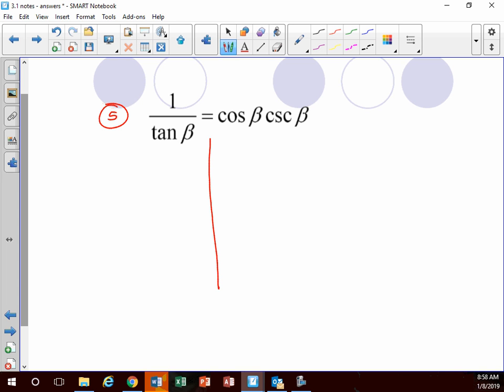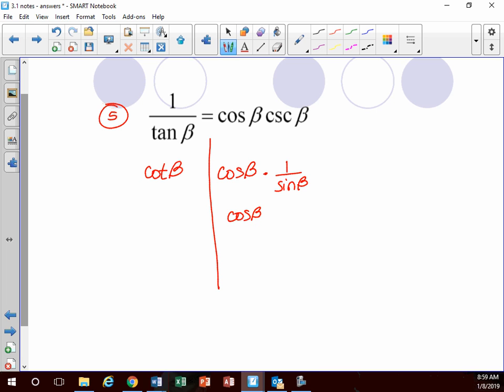All right, let's go through it. All right, guys. It looks like most of you started with 1 over tangent is cotangent. That's good. Okay. And then on this side, cosecant is 1 over sine.